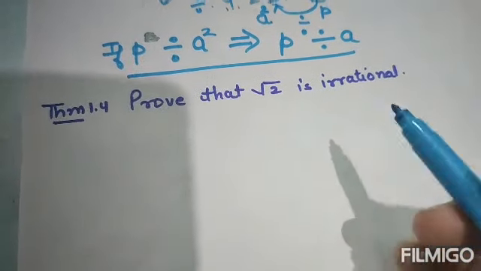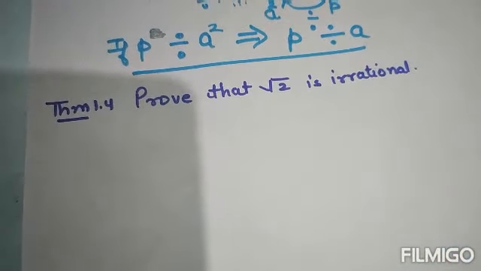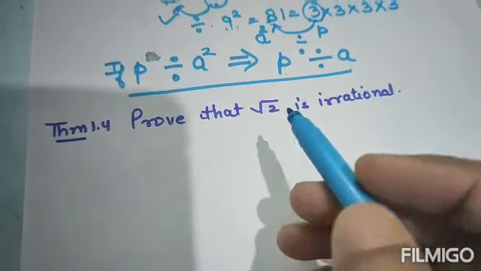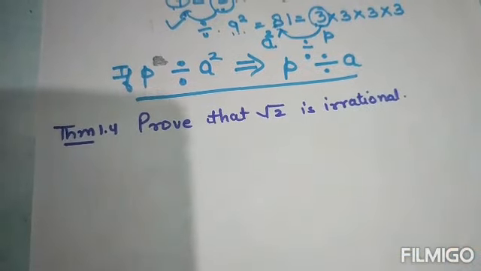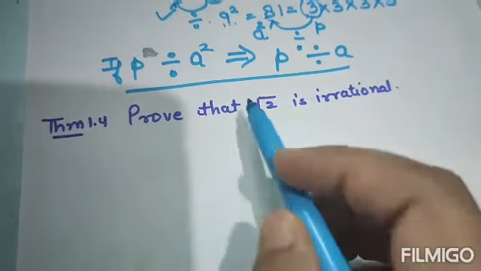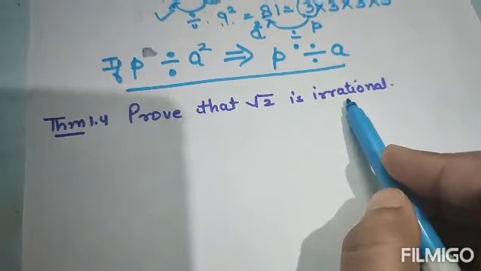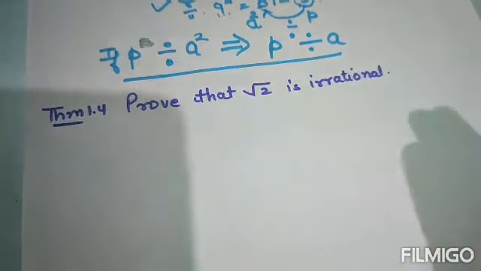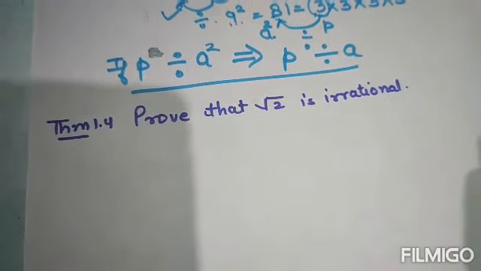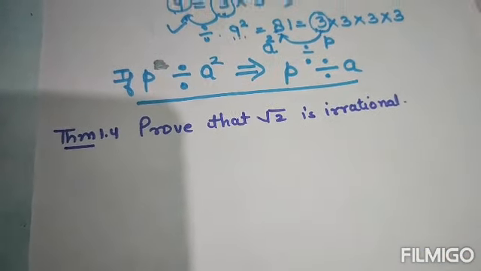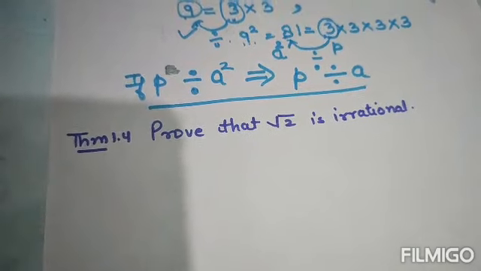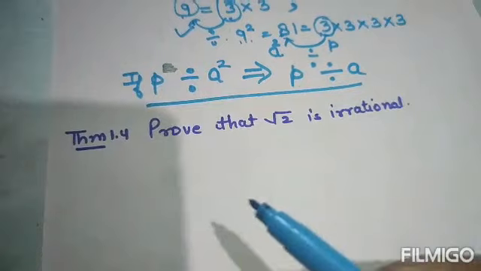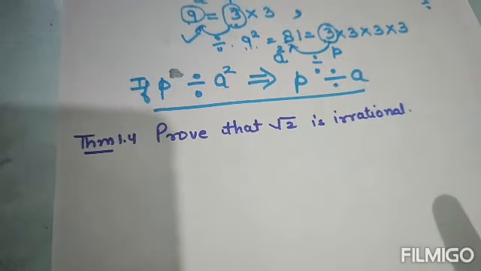But now we have to prove how it is irrational. To prove such questions, we have to take the contrary, the opposite side. That is, if we have to prove that root 2 is irrational, then we have to take that root 2 is rational. If we go with the opposite, the reverse, we will reach a contradiction. Contradiction means that somewhere we will go wrong. We will end up proving our statement wrong, which was our assumption.